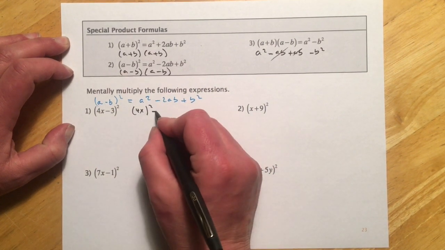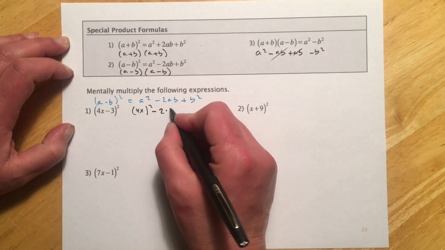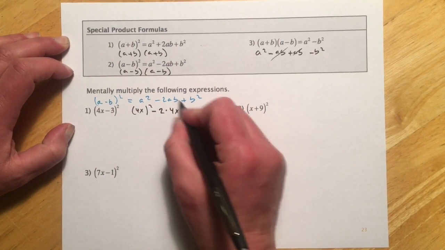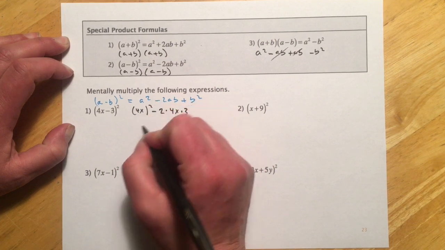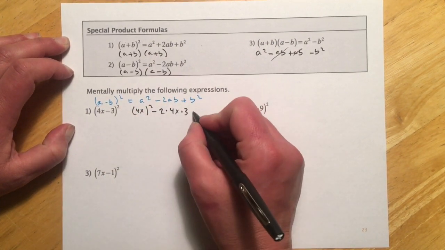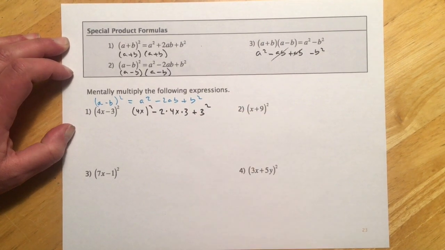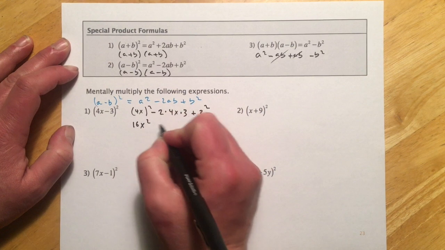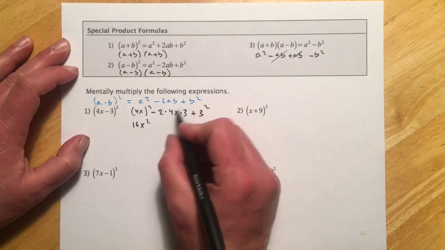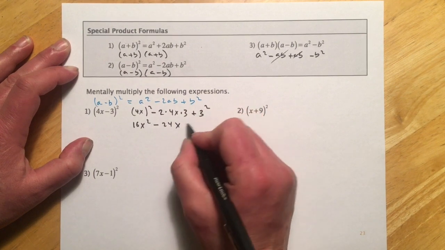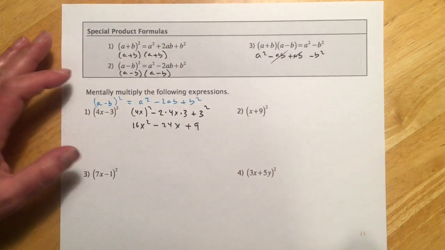The next thing is 2ab, so we'll go 2 times the 4x times the 3. You don't have to worry about the negative because it's right here in the formula, so that's already picked up. And then b is 3 and squared. So 4x quantity squared is 16x squared. 2 times 4x, 8x times 3 is 24x. And then 3 times 3 makes 9.